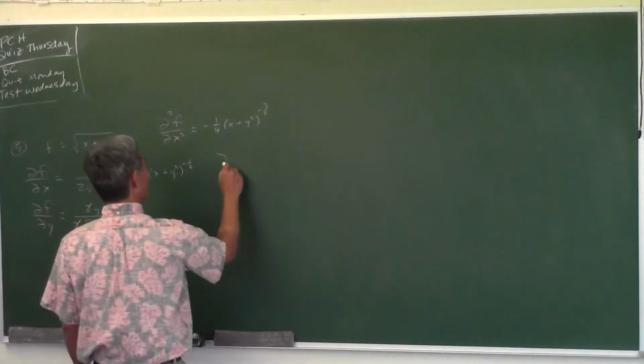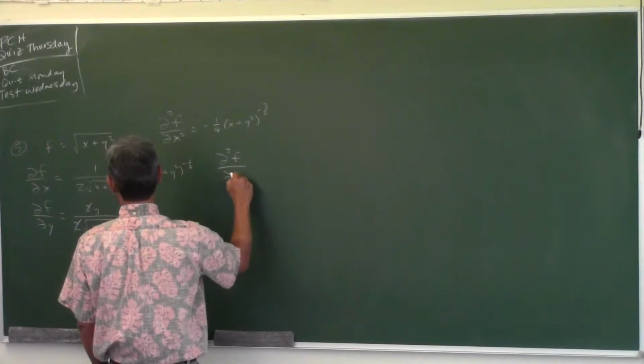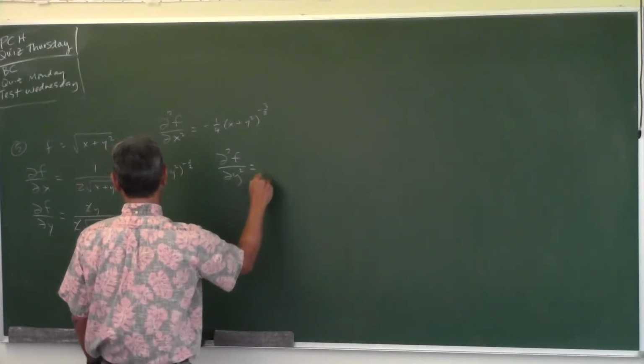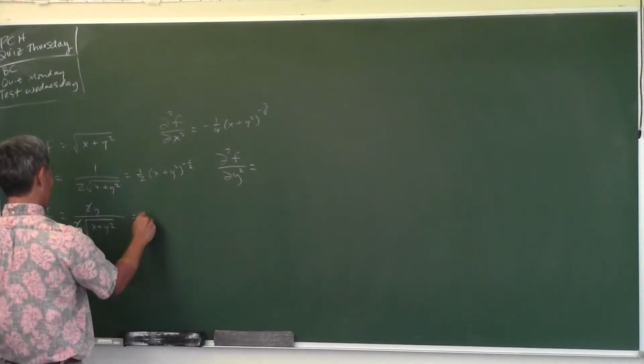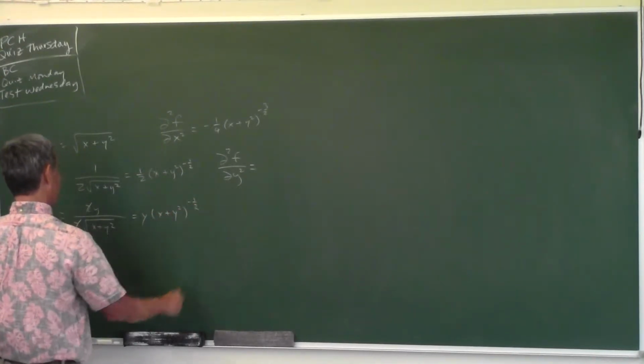And then the second partial of f with respect to y. This one is the same thing as y times (x plus y squared) to the negative 1/2. That means we have to use the product rule.